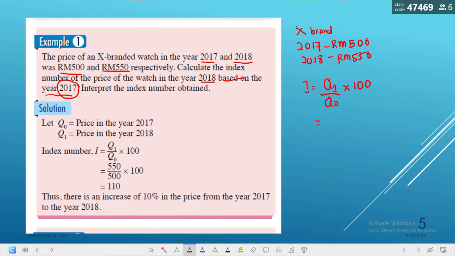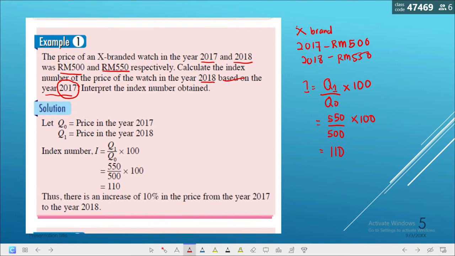2017 is 500, so Q0 is 500 and Q1 is 550. You multiply by 100. Use your calculator and you will get 110. This is the index number. Usually the price is 100%, so you can see the increase is 10%.